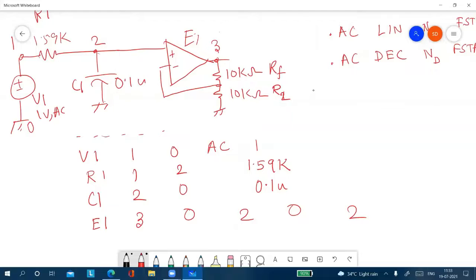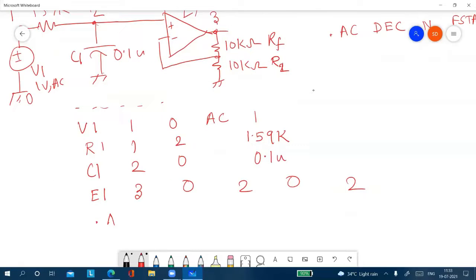Now for the frequency, .AC, we will use the decade scale to analyze a large range of frequency. Do you know what a decade is? The decade of 1 is 10, of 10 is 100, of 100 is 1000, of 1000 is 10,000, and so on. If you use one small division equal to 1 radian per second or 1 hertz, the size will be very large. That is why we use log scale.